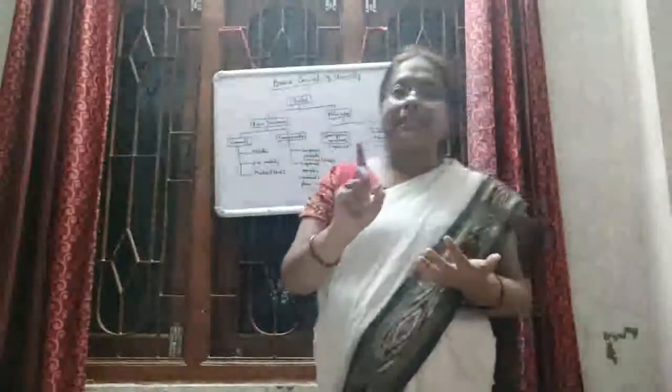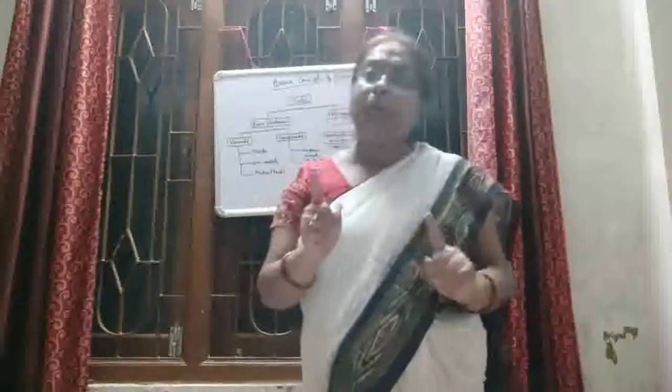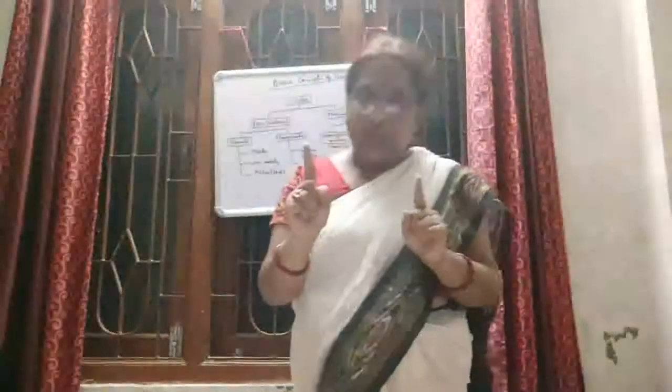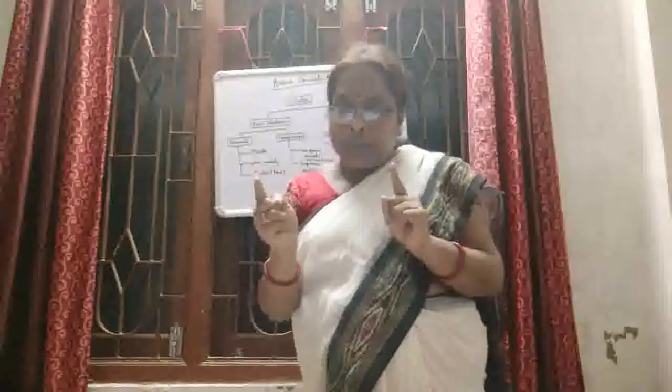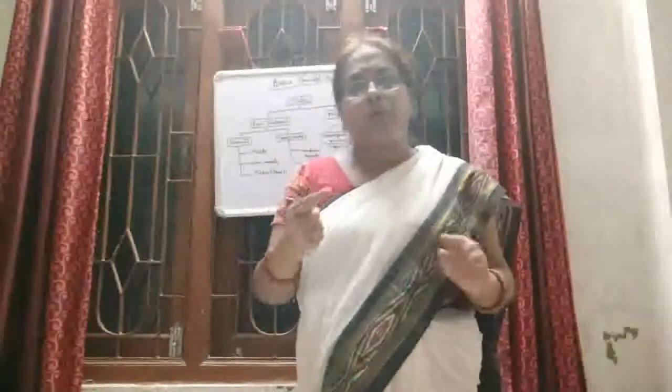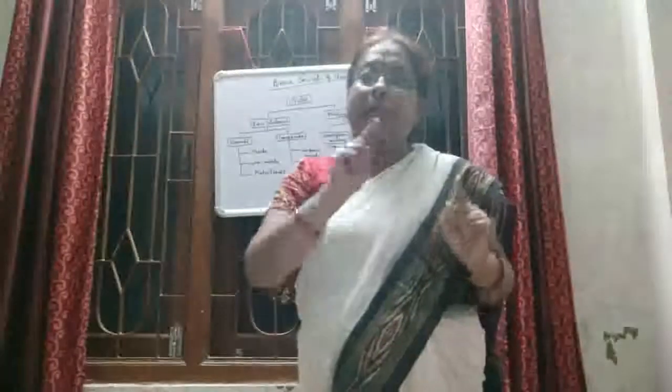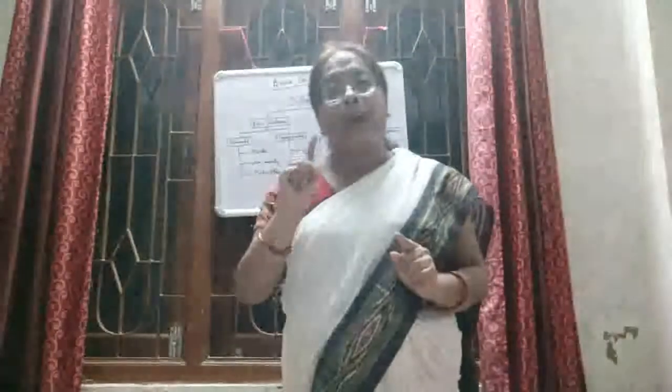Now what is density? We know that density is mass per unit volume, and the unit of mass is kilogram, and the unit of volume is meter cube. As it is mass per unit volume, the unit of density will be kg per meter cube.